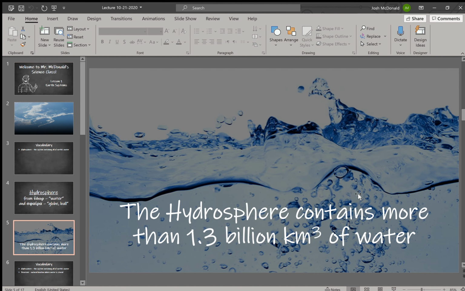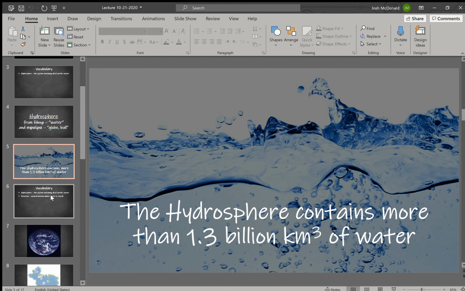Think about that in terms of size, visualize a cube that is 1 kilometer long, 1 kilometer wide, and 1 kilometer tall of water. So 1.3 billion of those. That's a lot of water.